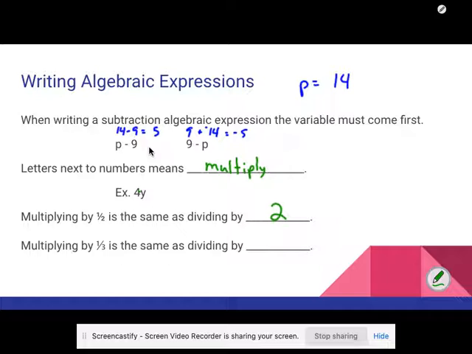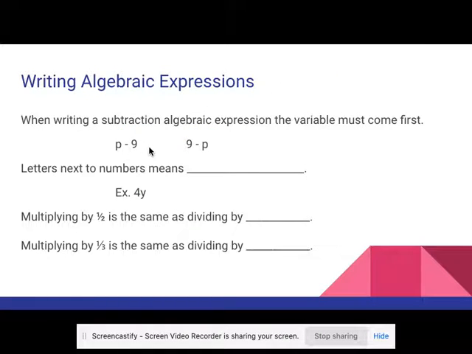And then multiplying by 1/3 is the same as dividing by 3. And so on some of these expressions, you could put a variable divided by 3 or divided by 2, or you could put 1/2 times the variable. Either one of those would work for any given situation.